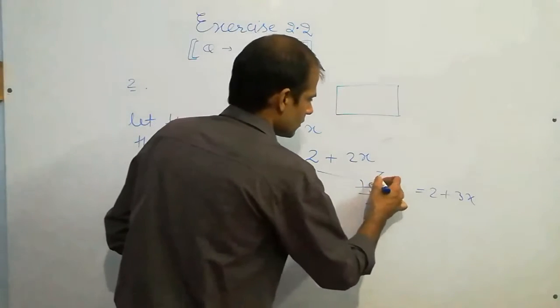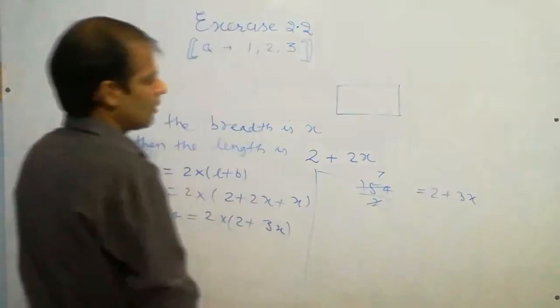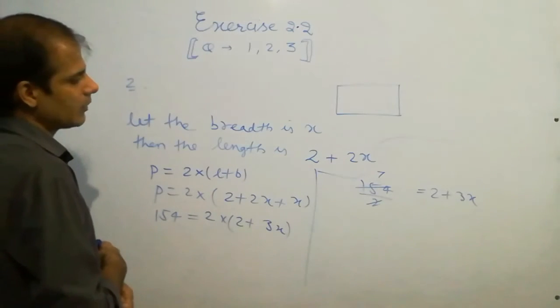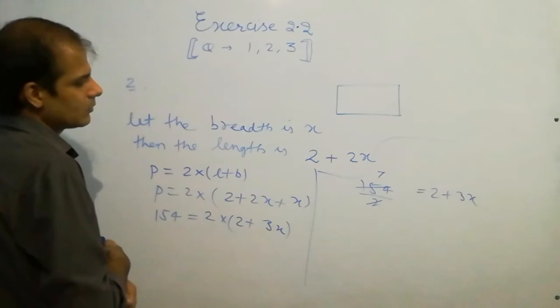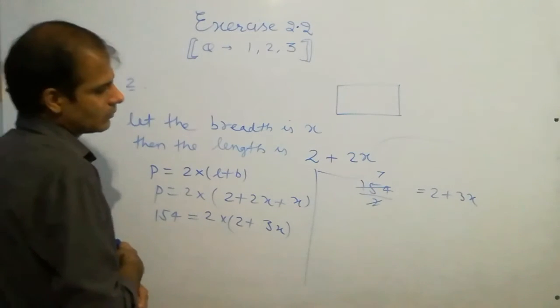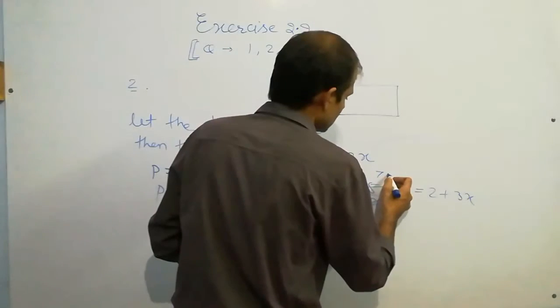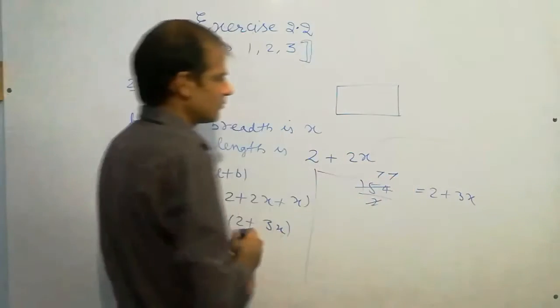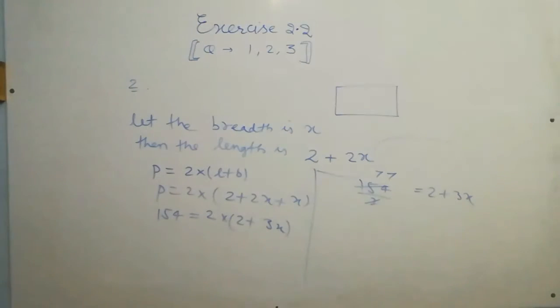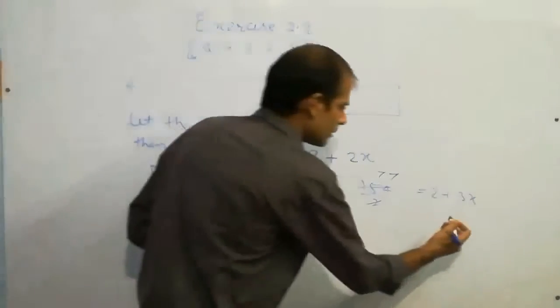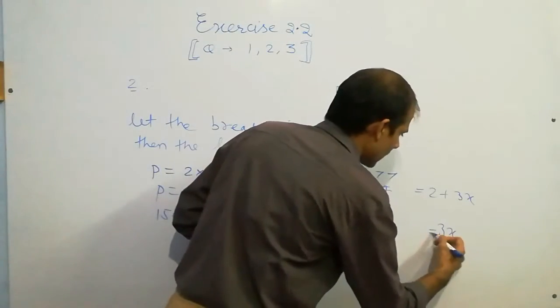Half of 154 is 77, and you can easily calculate the value of x.